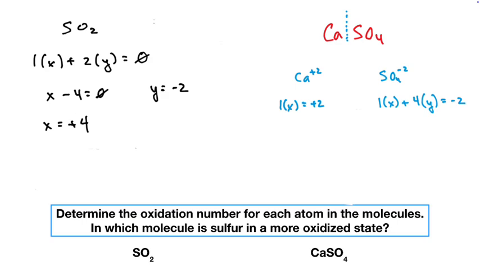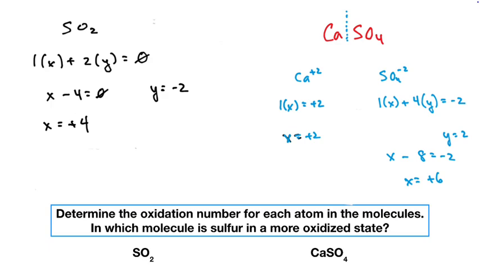So for the calcium, my oxidation state is going to be plus 2. For the other one, I've got this 2 variables, 1 equation issue again, except oxygen is always a negative 2. So I get x minus 8 equals negative 2, and I get x equals plus 6. Ooh, see, the 6 came back. Right, and we get x equals plus 6.